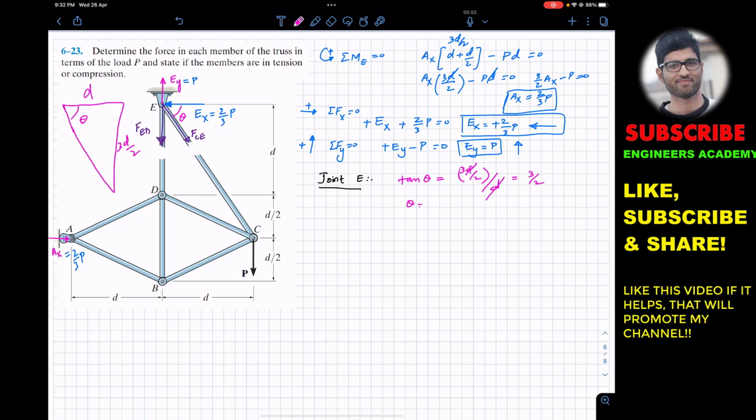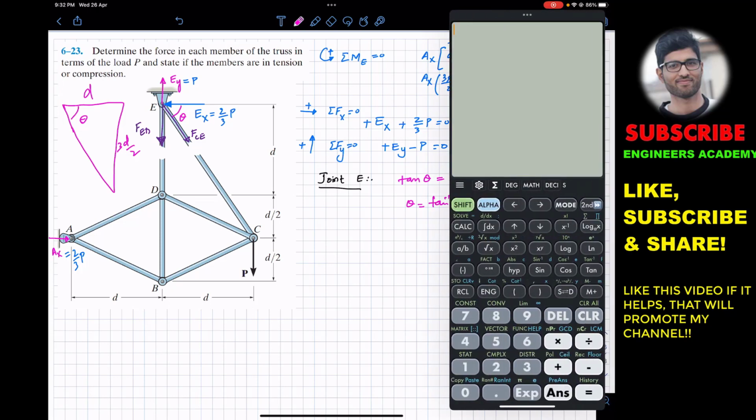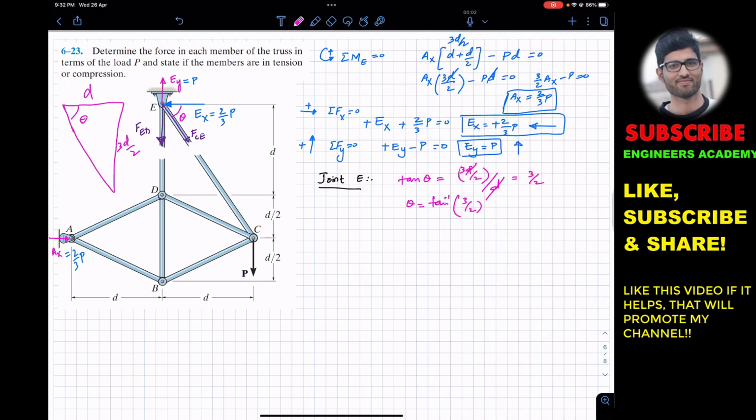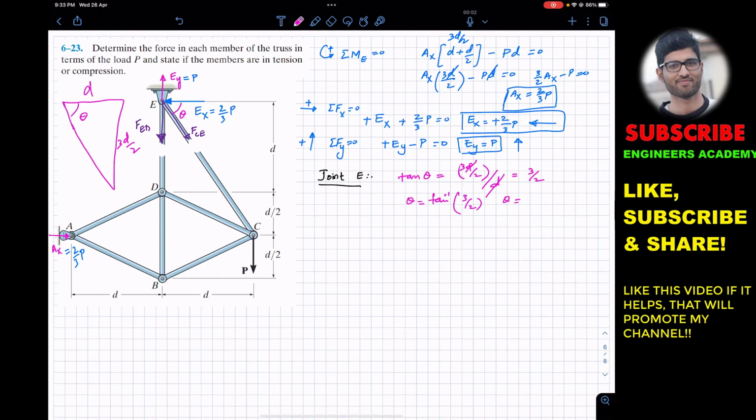And theta is equal to tan inverse of 3 divided by 2, which gives us 56.309. Let me write that theta is 56.309.